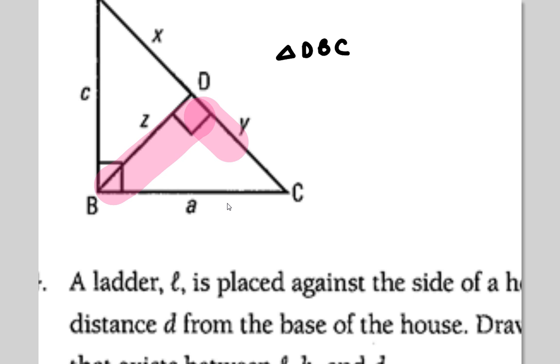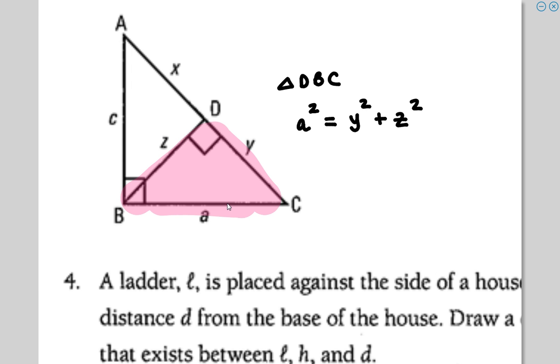There's DBC, and its relationship would have the hypotenuse A equal to the other two legs, Y and Z, squared and then added. So we're always using a right angle triangle, and the hypotenuse is always equal to the other two sides added up when you square everything.